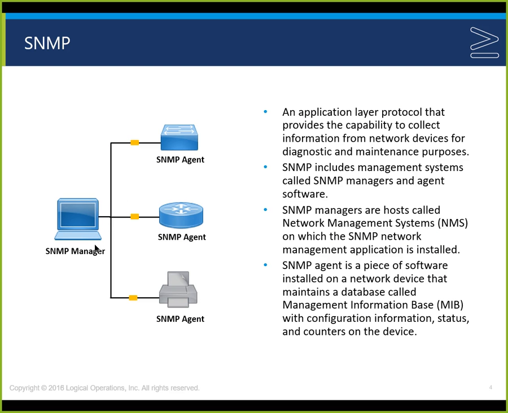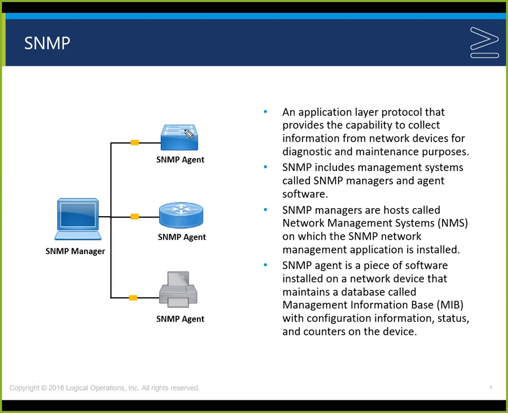So in SNMP we have the manager, and then the manager queries the agents. The agents are running on the devices, and when we say agent, that means that it's got to be SNMP capable. I set this up, I had to enable SNMP on my Windows machine in order for it to tell it I have a 99% utilization.